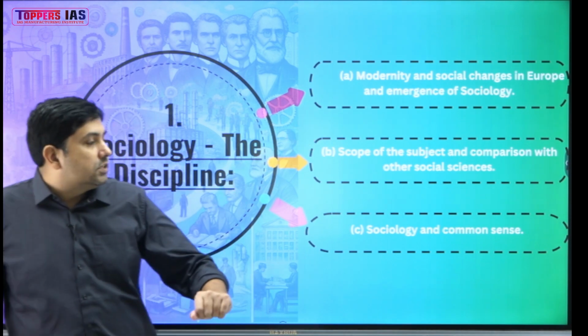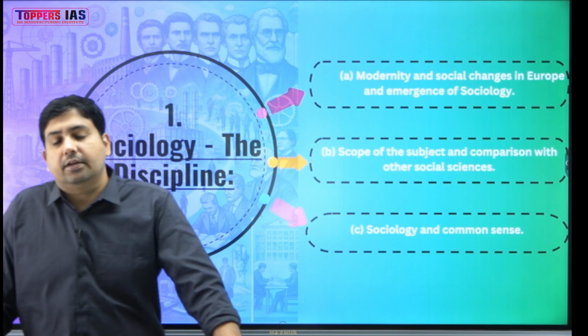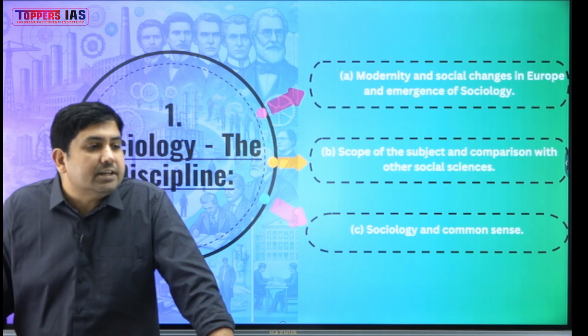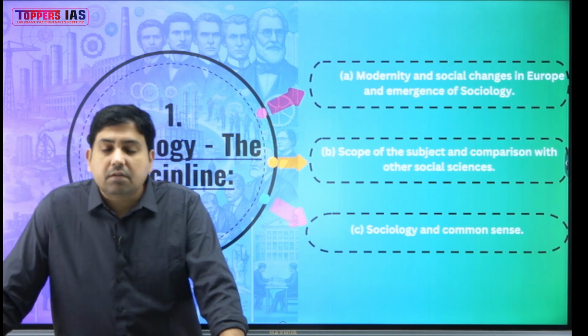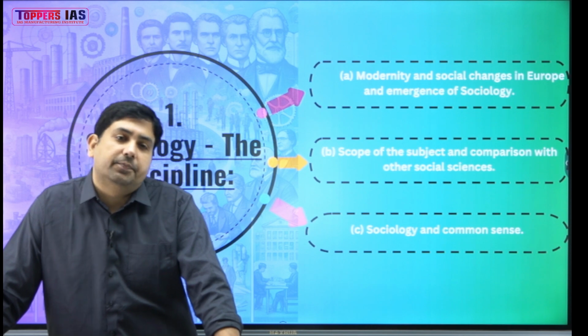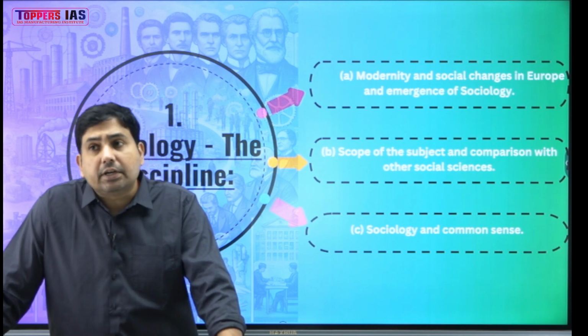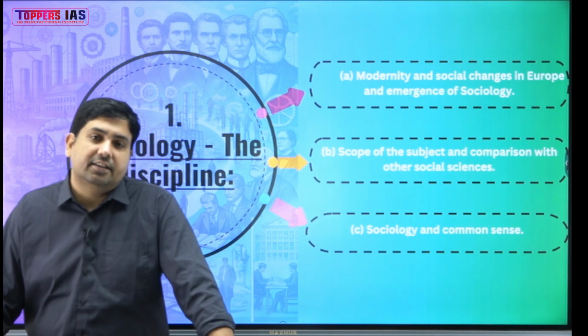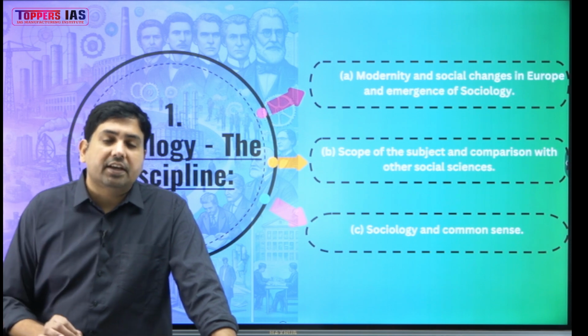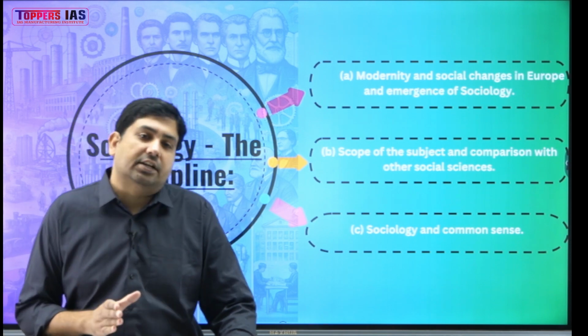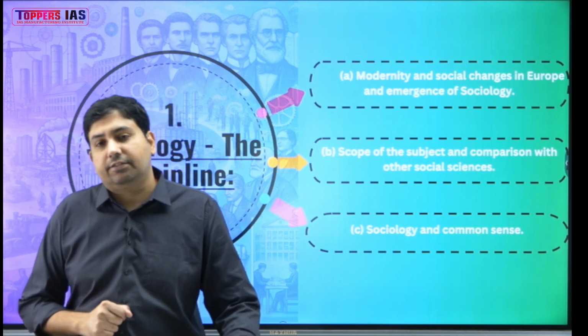Now come to this first subtopic, that is modernity and social change in Europe and emergence of sociology. This topic itself is a very interesting topic. It is actually your introduction to sociology itself.